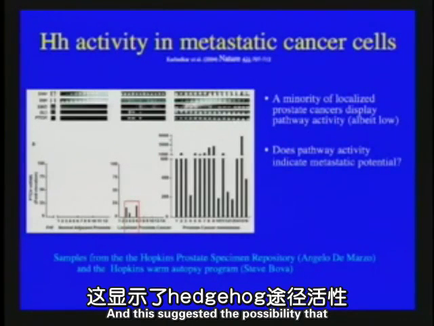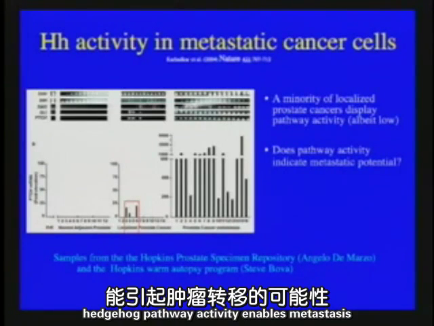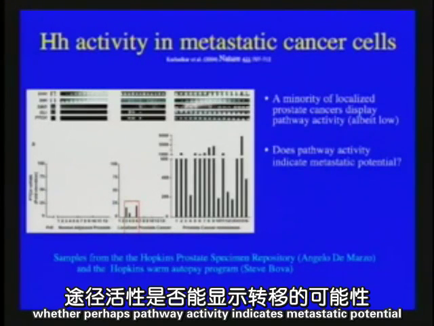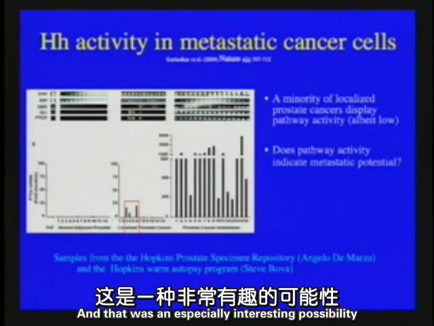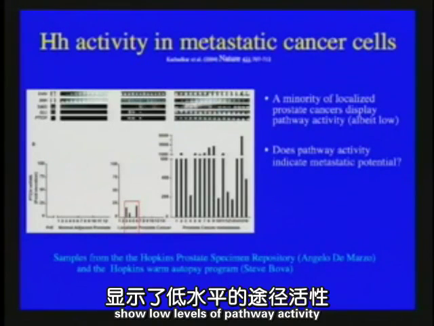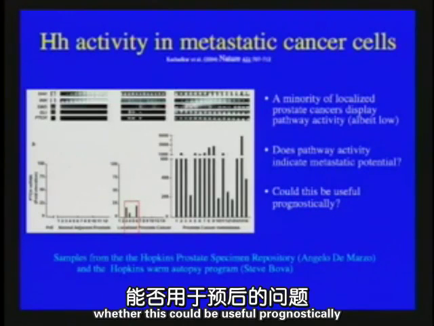And this suggested the possibility that hedgehog pathway activity enables metastasis, and also raised the question of whether perhaps pathway activity indicates metastatic potential. And that was an especially interesting possibility because a few of the localized cancers did show low levels of pathway activity. And this also raised the question of whether this could be useful prognostically.